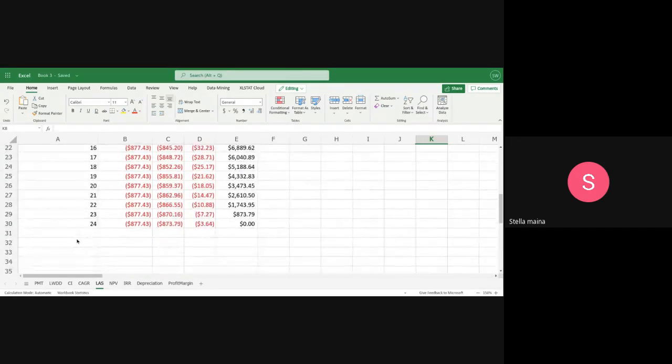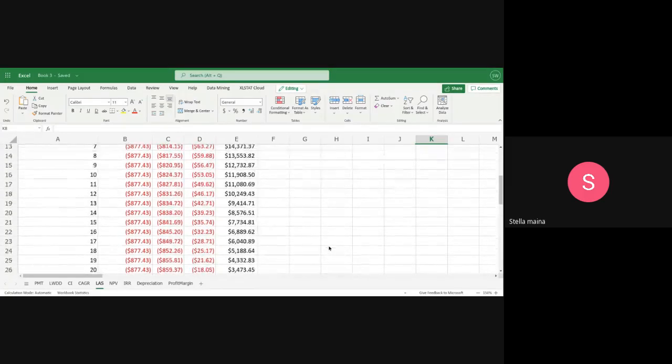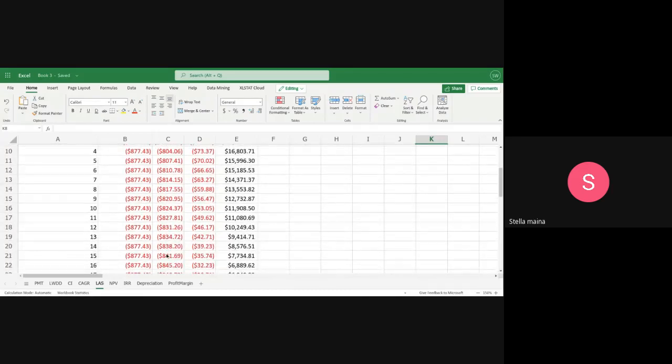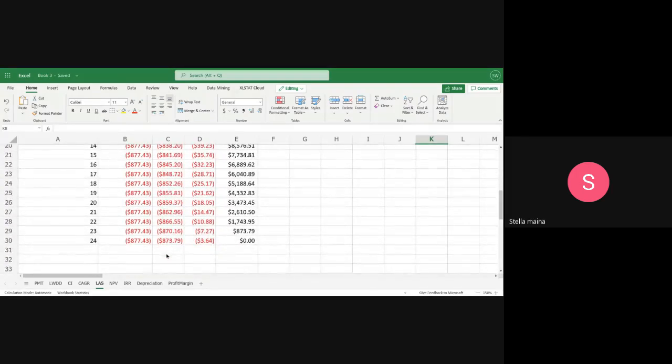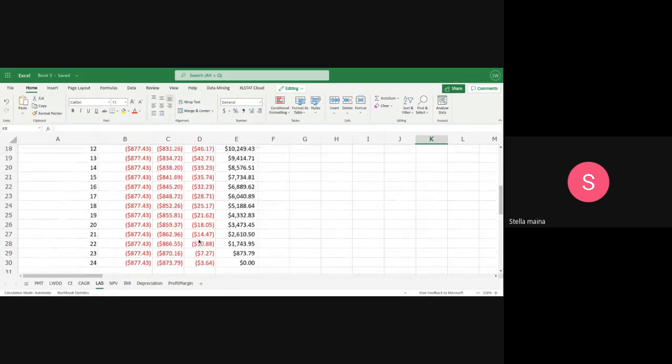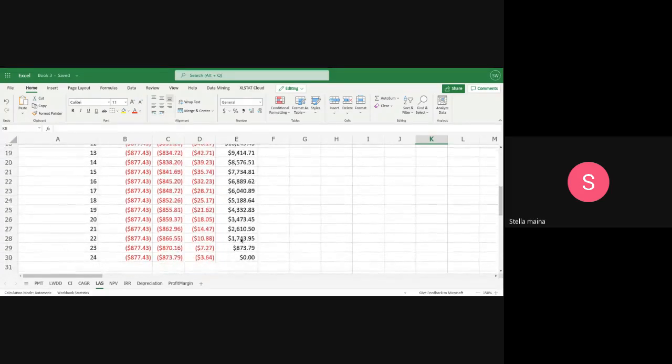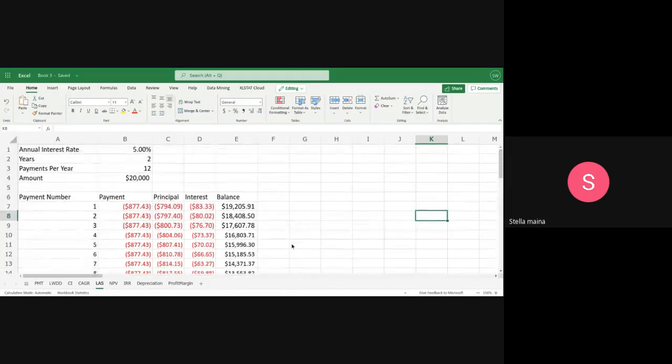For this loan we will have 24 payments, and then we are able to see the payment for each, and the principal that is paid towards the loan, and eventually we are able to see the interest for each period, and then the balance that remains as you continue to pay the loan. So that's basically the loan amortization.